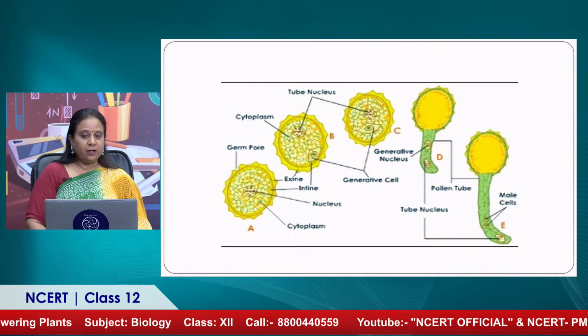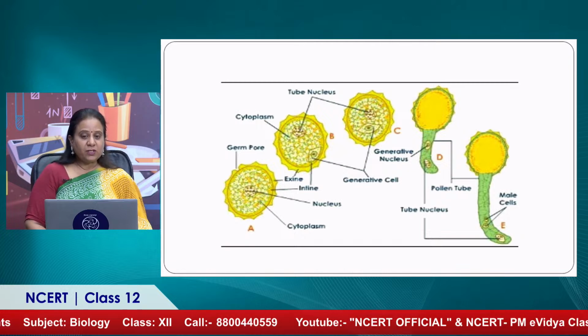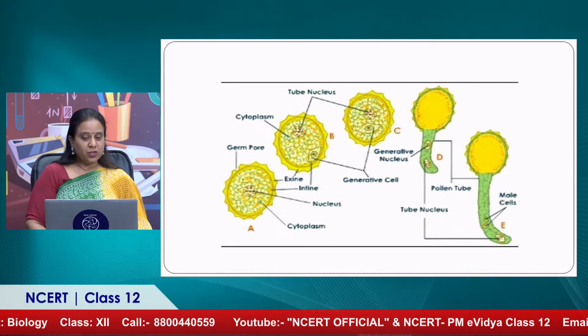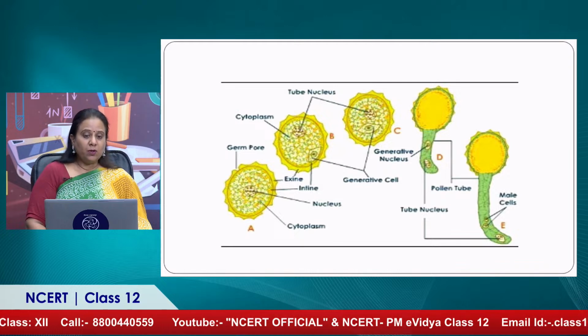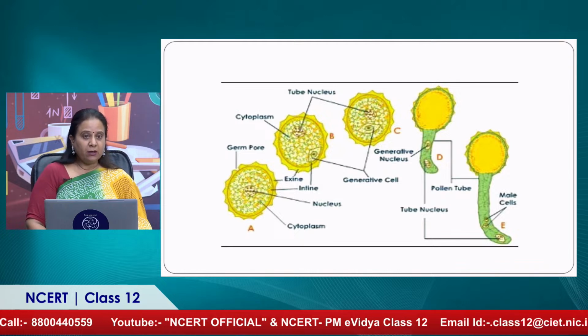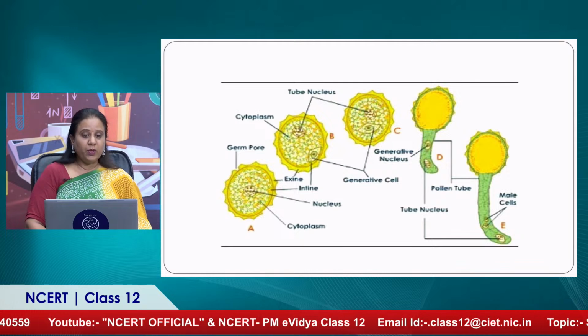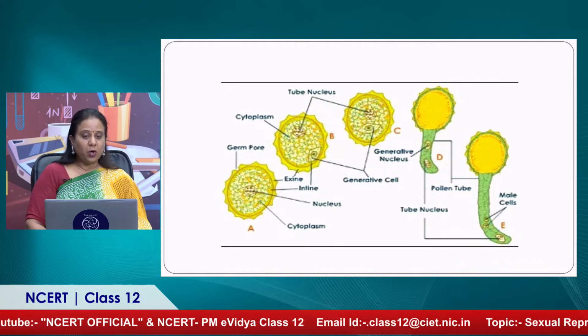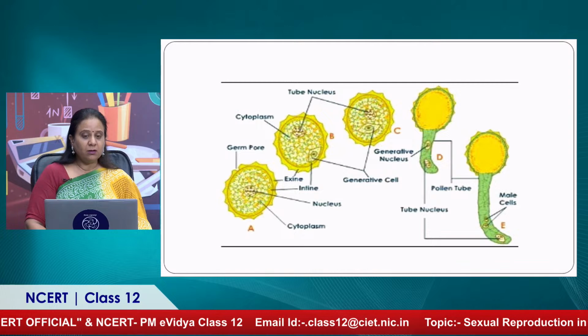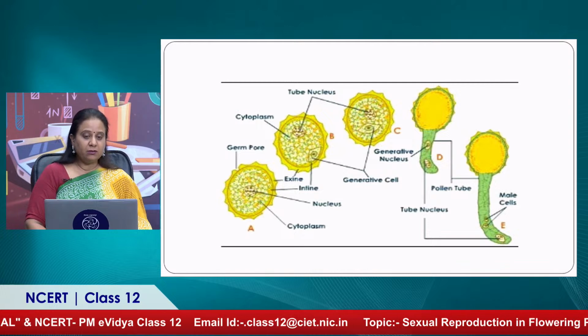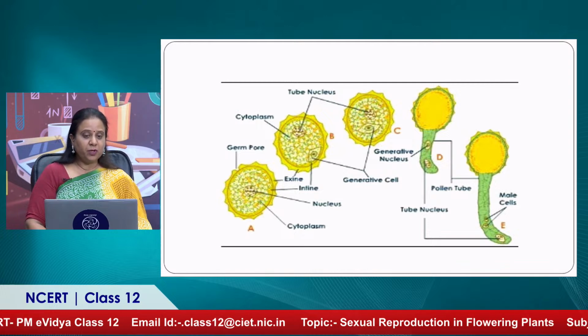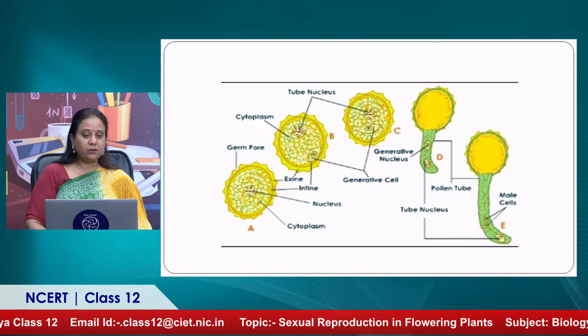You can see in this diagram where is the vegetative and where is the generative cell. So let's start from the A heading. From the bottom we can see that the pollen grain has an exine layer, it has an intine layer, it has a germ pore. Germ pore is where the sporopollenin is absent.